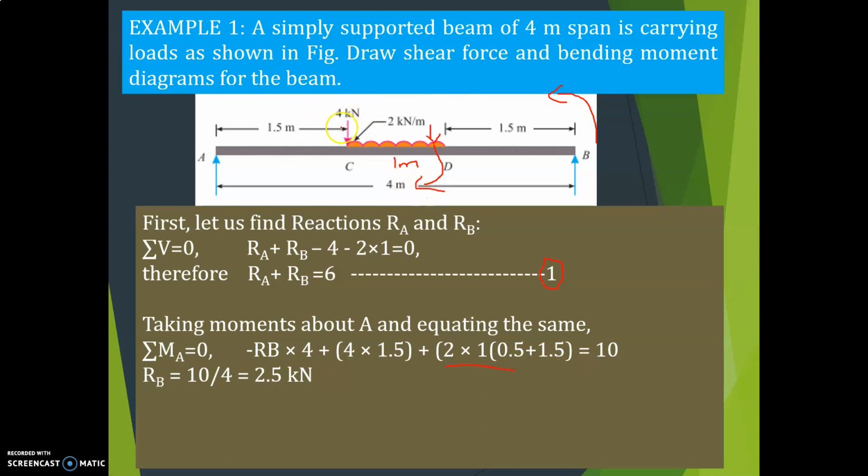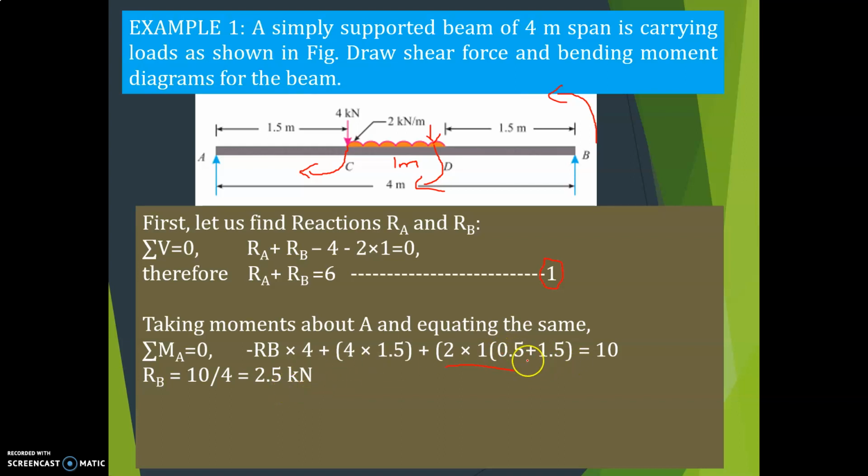Okay, next load is this 4. Again this is moving in this direction, that is clockwise, so clockwise is plus, so plus 4 into 1.5. Okay, simplify this, that is equal to 10. So you get RB equal to 10 divided by 4, that is equal to 2.5 kilonewton.